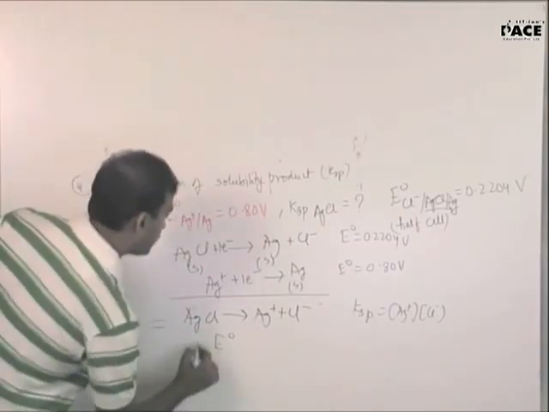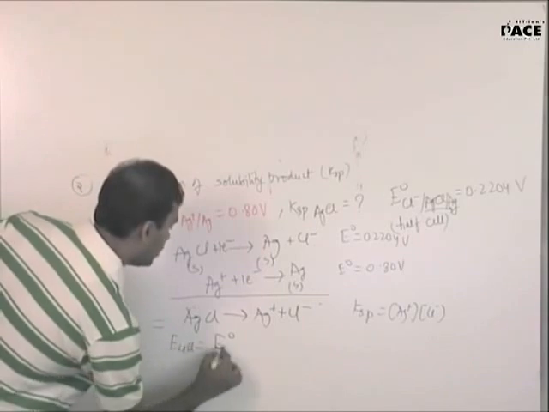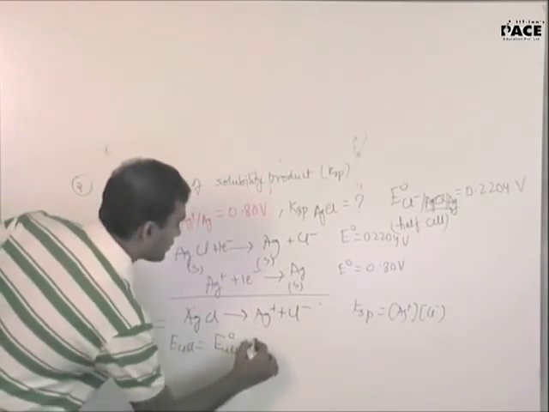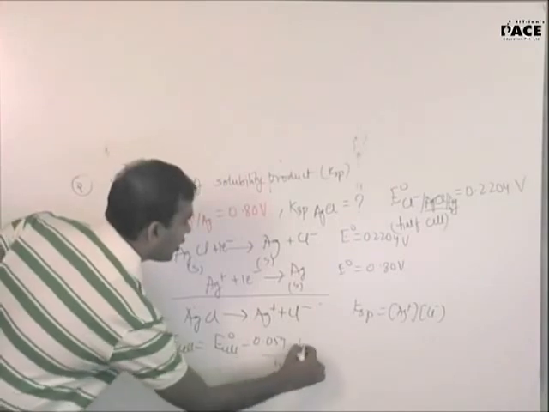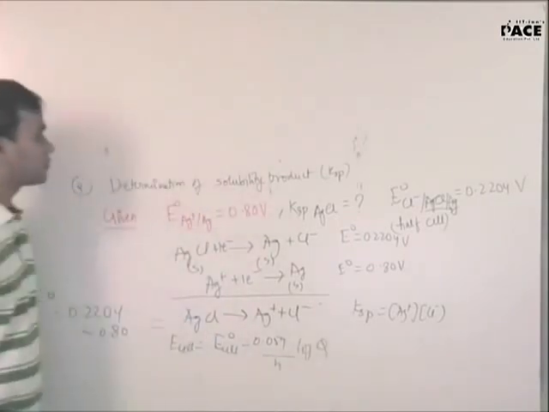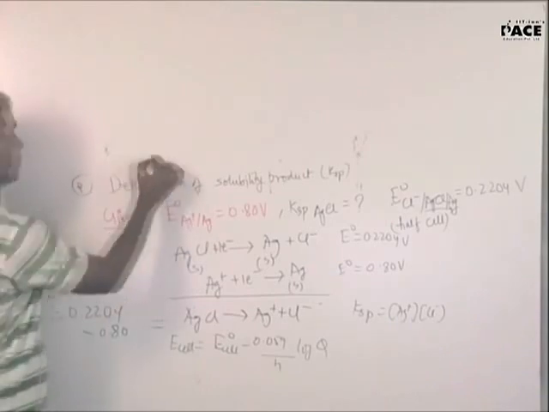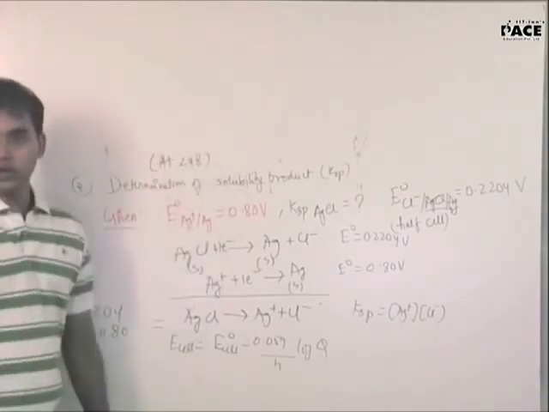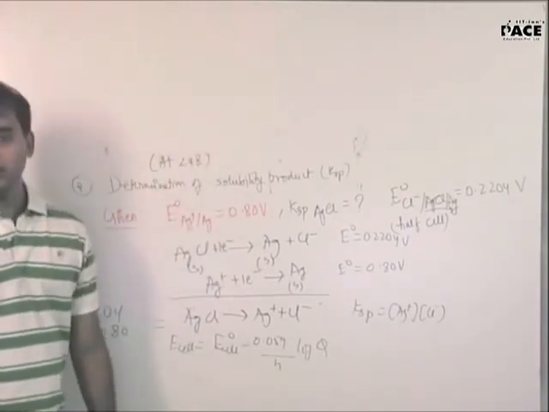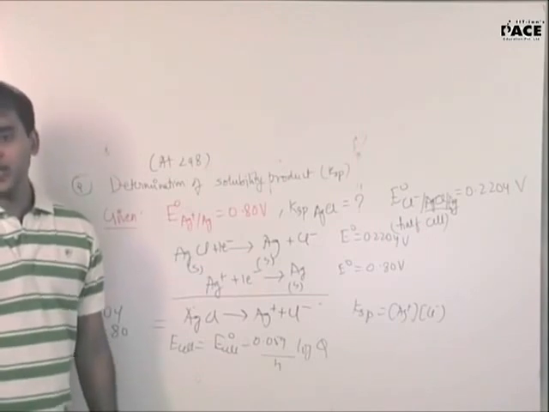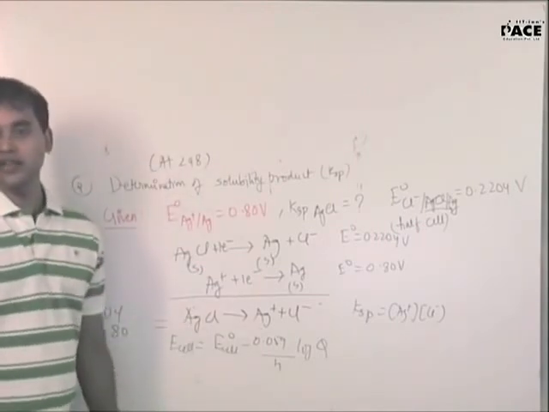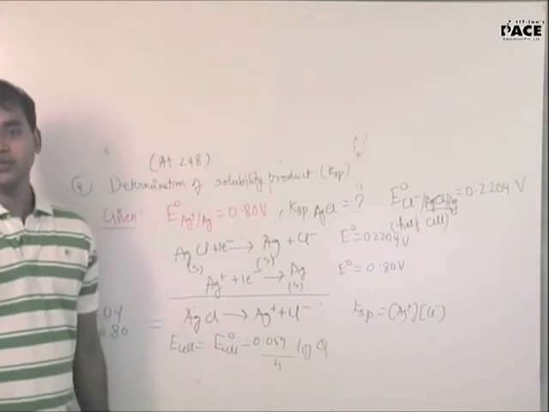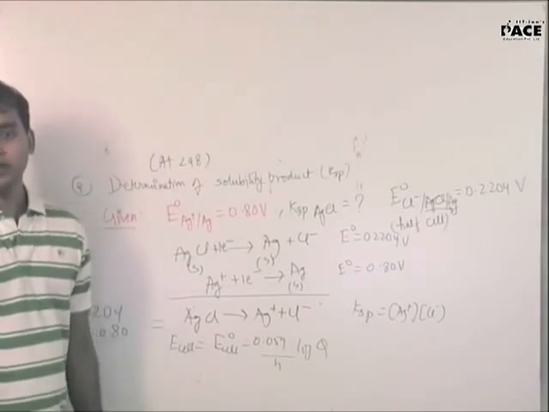So once you get the E naught for this reaction, what will be that E naught equal to? E cell equal to E naught cell minus 0.059 by n log of Q, assuming it to be at 298. Okay, so this will be the value. Now if I am taking KSP, so if Q equal to KSP, then the reaction has to be at equilibrium. Getting my point?